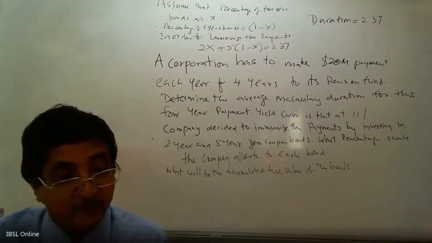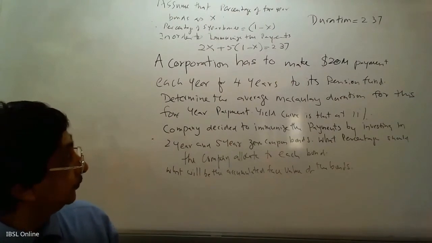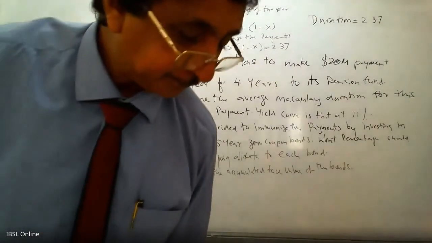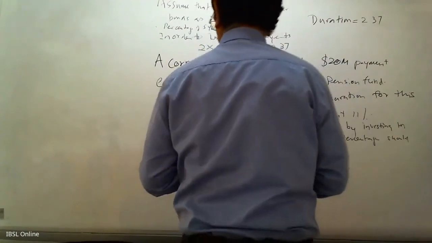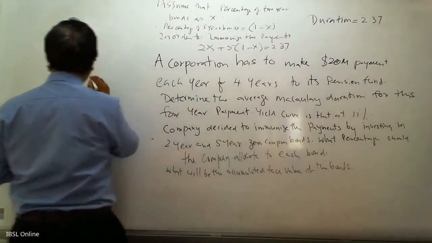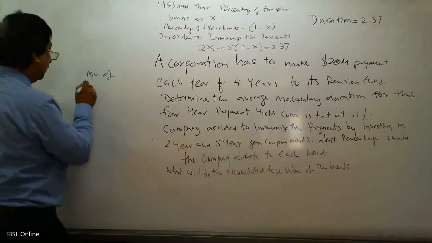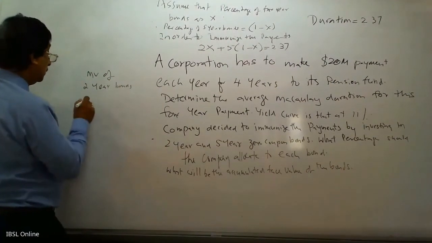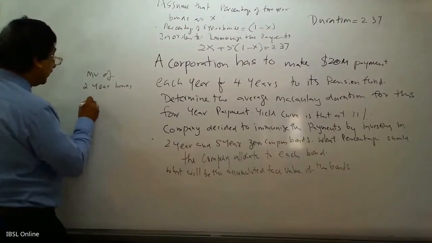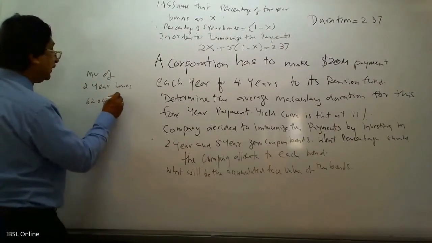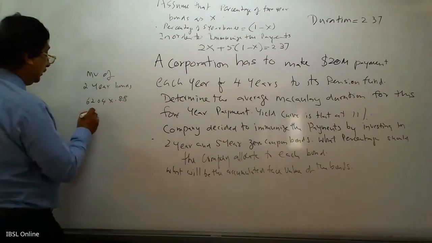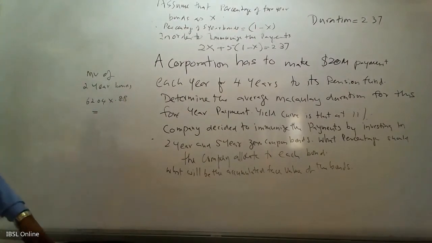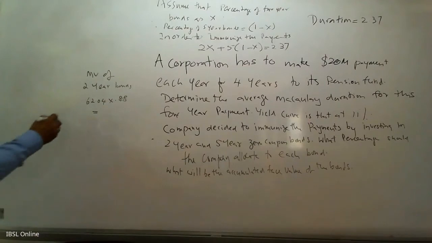We can write it down somewhere. MV of 2-year bonds. That is 62.04 into 0.88. That comes to 54.6.